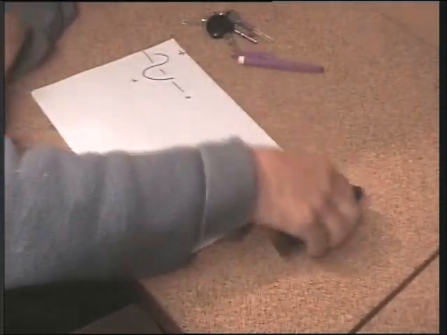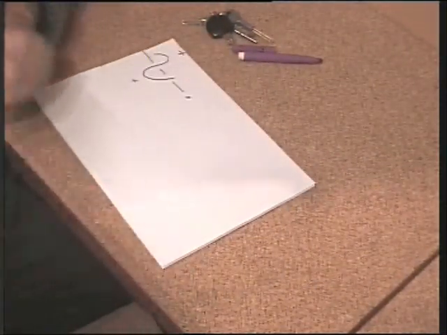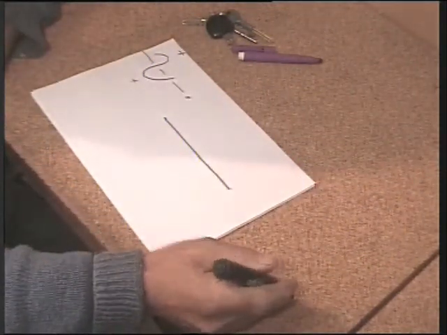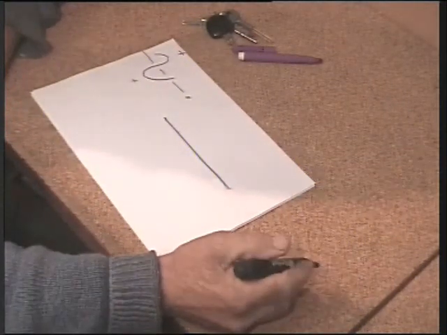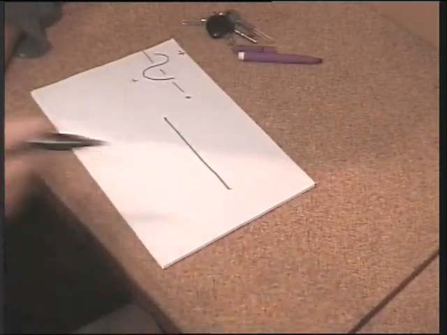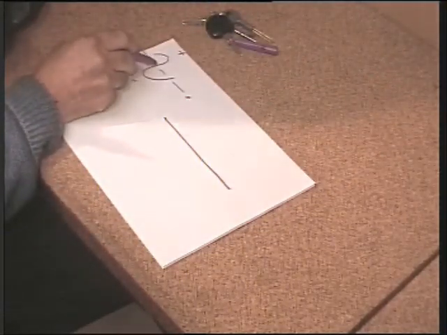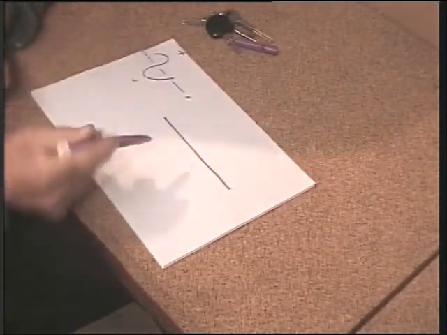If we've got an aerial, let's have a different colour. That'll do. I'll make this one horizontal, but it could be vertical. If we put energy into this, if we're putting an RF signal into this, we start off by the first part of time being positive.